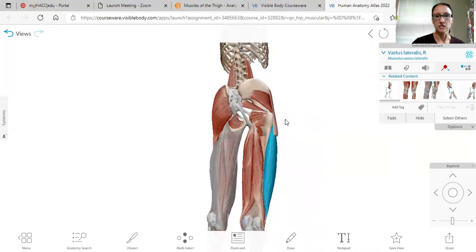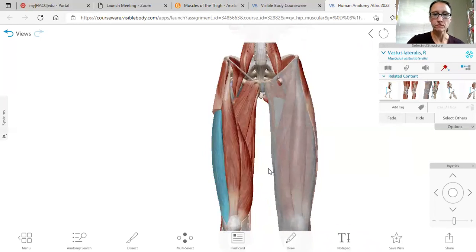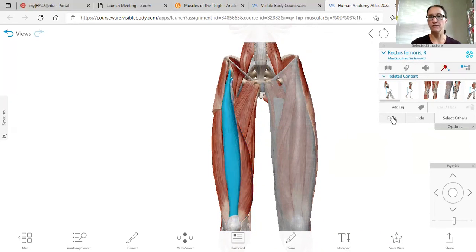You can even see vastus lateralis all the way back around to the posterior of the body here. Vastus medialis, that's right there. And then, of course, if I fade or hide rectus femoris, you can see vastus intermedius deep to that. All right, so when we come back, we will talk about the hamstrings.